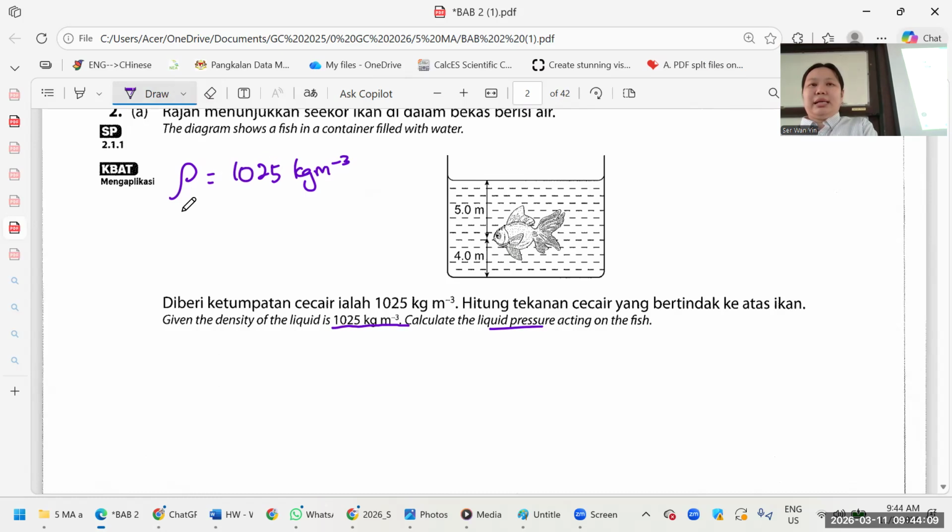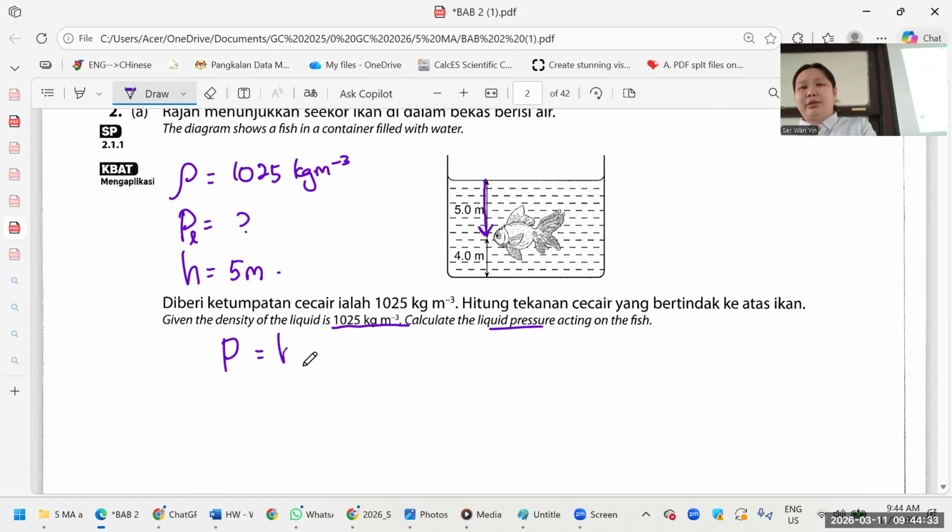Okay, what do they want? They want the liquid pressure on the fish. So now, H equals 5 meter. 5 or 4? Yes, from top to bottom.